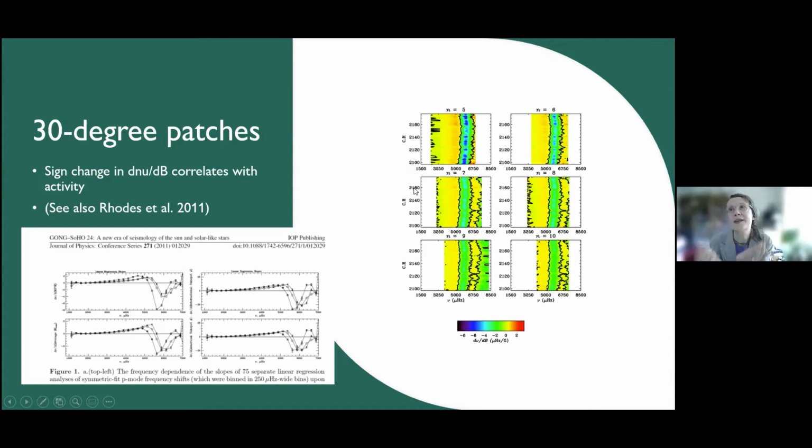And what that is telling you about, when you think about what the acoustic cutoff means, is that there's a frequency at which the modes are no longer trapped, but are going out into the atmosphere. And what seems to be happening is that for some modes that are on the borderline, depending on how much activity they're encountering, they may be trapped when you wouldn't expect them to be.